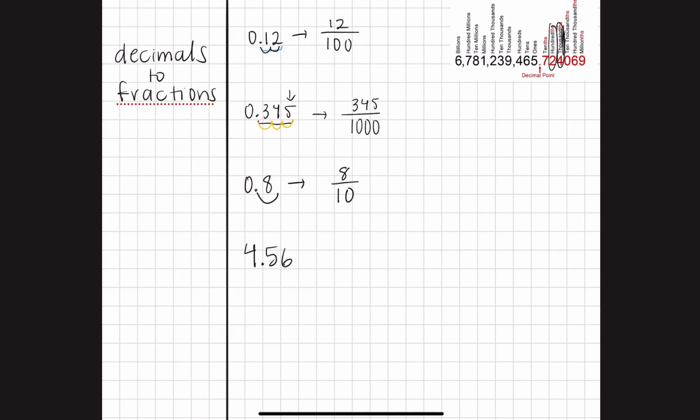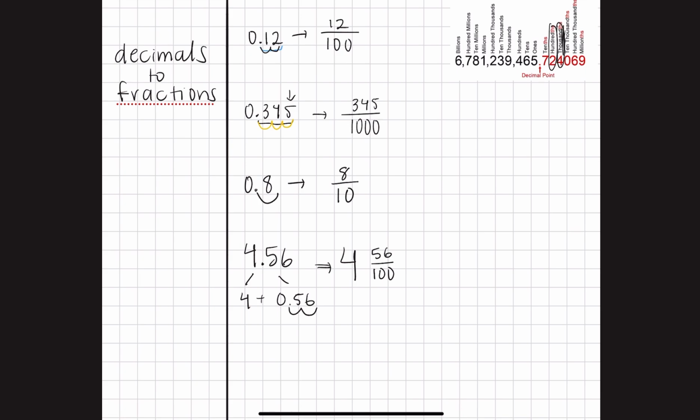I'm going to split this into 4 and 0.56. If I add those two together, I would get 4.56. And then I'm going to write this as 4 and 56 as my numerator, and 1 and 2 zeros as my denominator. Okay, so that's 4 and 56 hundredths. Cool.